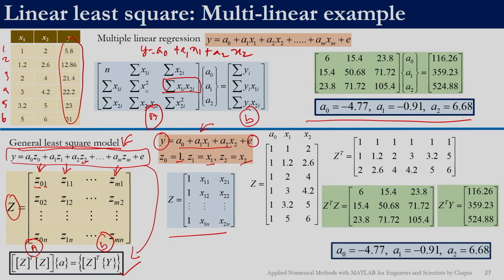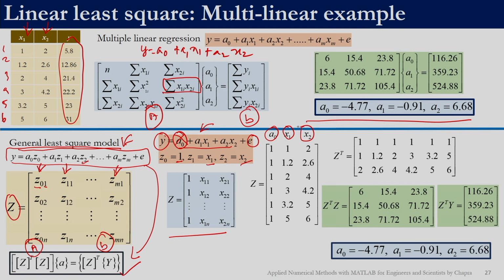So, here if we apply the same thing to our current problem, the Z matrix in this case is a column of 1s, because we have this constant coefficient. Had we not had this constant coefficient, we do not need to include this column of 1s, right, and then we just need to stack these two columns x1 and x2, right. So, the way we have stacked is the constant, the first variable and the second variable, right.